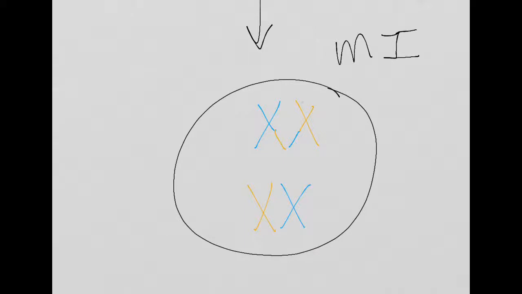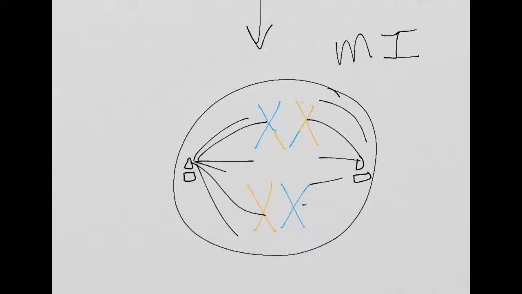We've exchanged our DNA during crossing over. We have them all attached to spindle fibers that exist coming from centrosomes. I didn't want it to look like it was attached to the end of the chromosome there.